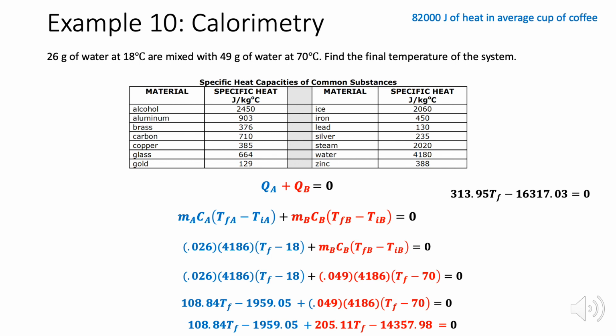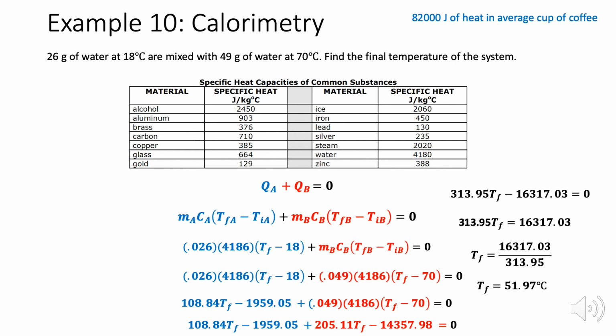I'll move the constant to the right-hand side of the equation, and then I will divide by 313.95 to get TF by itself. And what this means is when I put this in my calculator, I'll get my final temperature to be 51.97 degrees Celsius. And that is the end of the last topic.